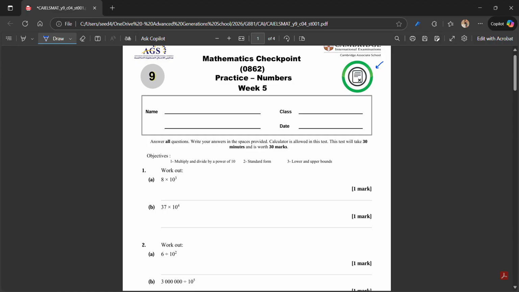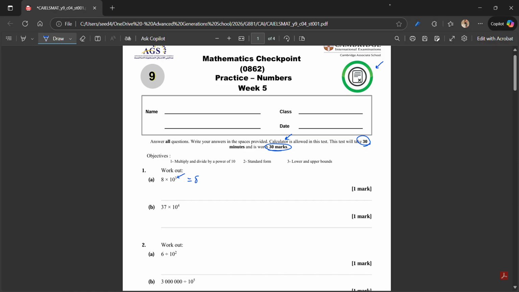He said it's also 30 minutes and it's worth 30 marks. And here, look, calculator is allowed. Question number 1, he said work out 8 times 10 power 3. Once the power is positive, and here this is times, so do it normally.